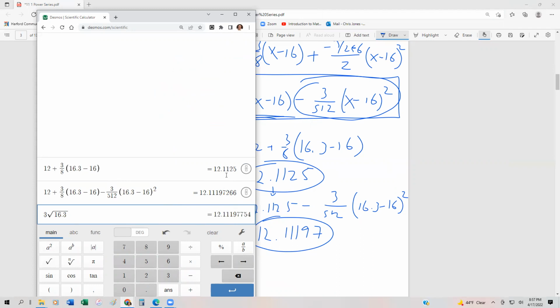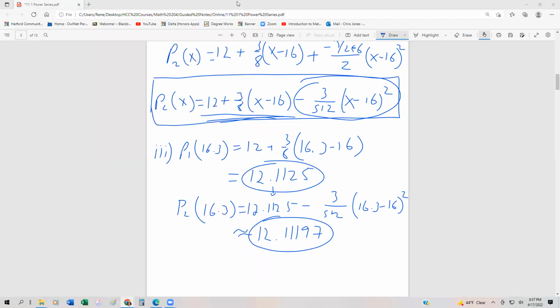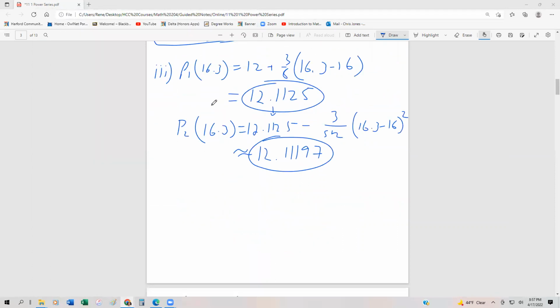Even for the linear, we get 12.112, and 12.112 if we were to round that. But right here, we get 12.111972. And here we get 12.111977. All right, so the quadratic polynomial is really, really close to the value that's given by 3 roots of 16.3.